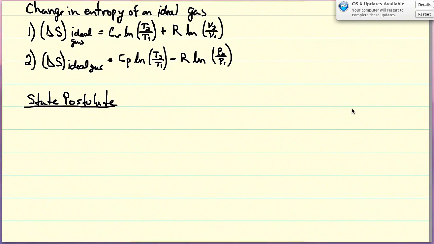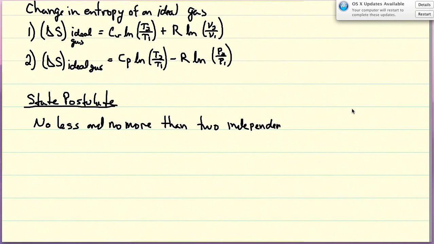The state postulate says that you will only ever need exactly two, no less and no more than two, independent and intensive properties.